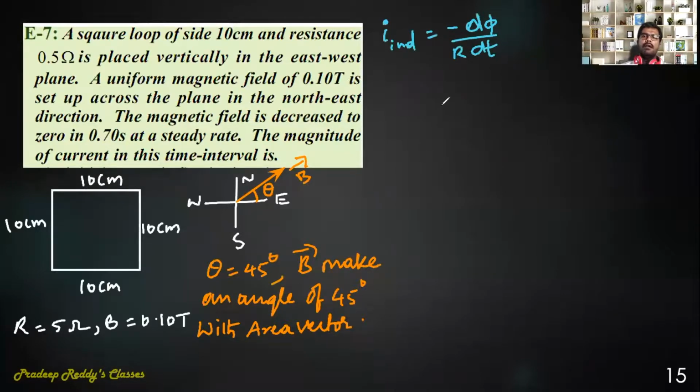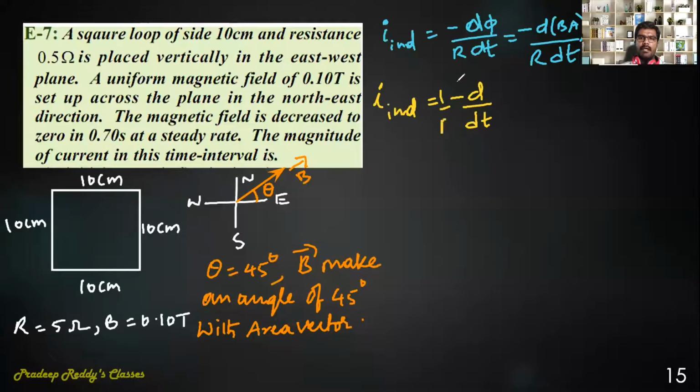That is minus d of B A divided by R dt. Therefore I induced is equal to minus 1 by R into d by dt of B dot A, which is B A cos 45, because the angle between A and B is 45 degrees, since the magnetic field is in the northeast direction. The area of cross section you can just bring out.